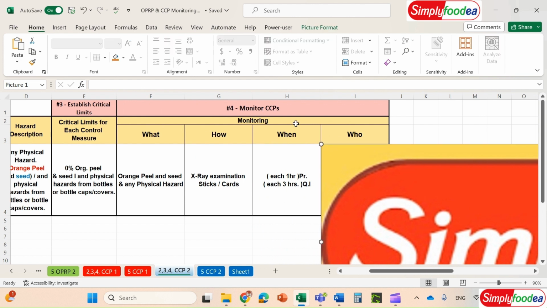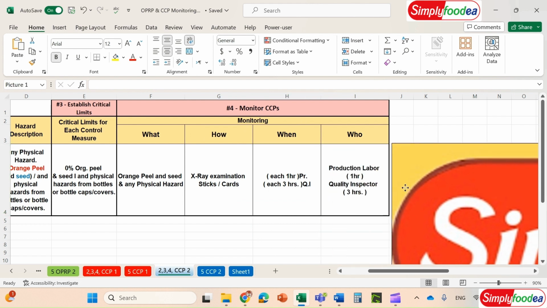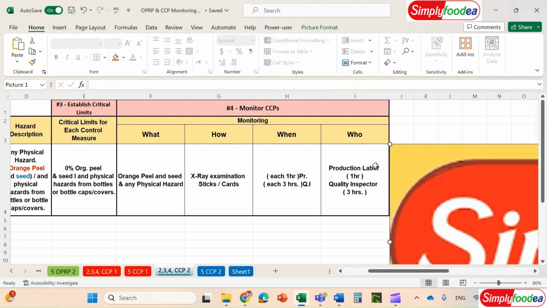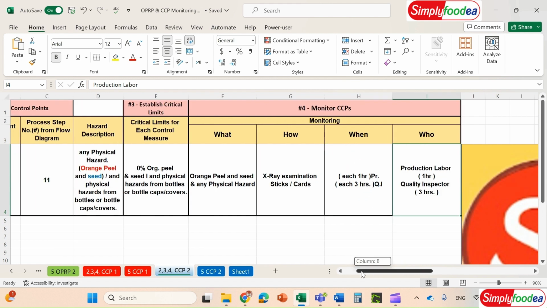When I'm monitoring this X-ray machine: each 1 hour by the production labor or each 3 hours by the quality inspector. And who is monitoring the X-ray? The production labor after each 1 hour and the quality inspector each 3 hours. We will make scenarios about this point.